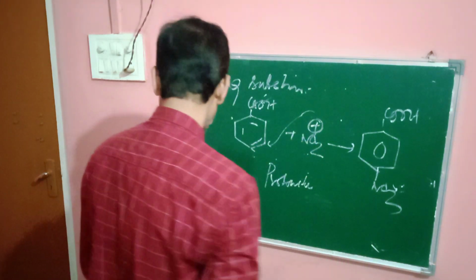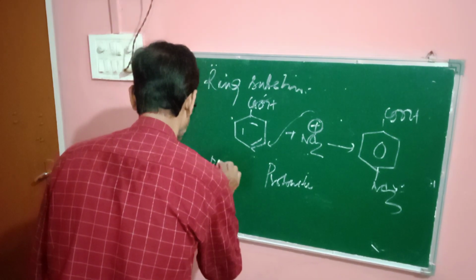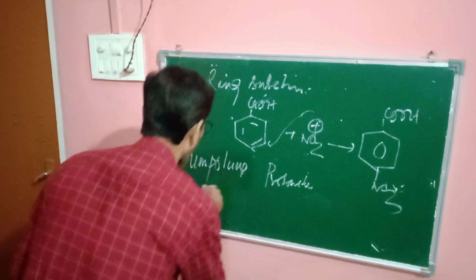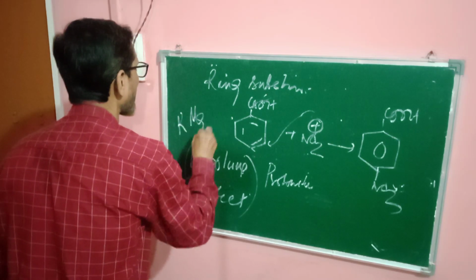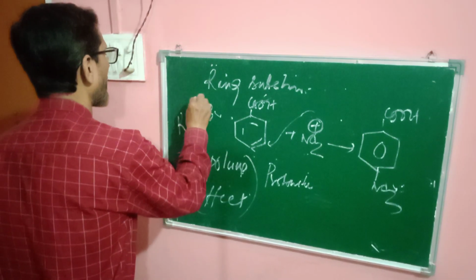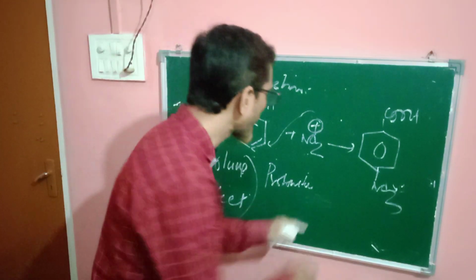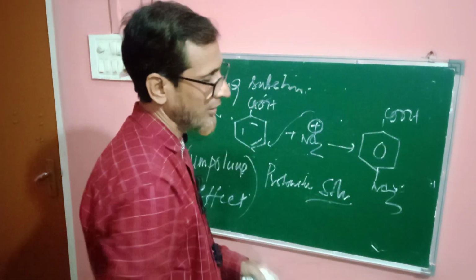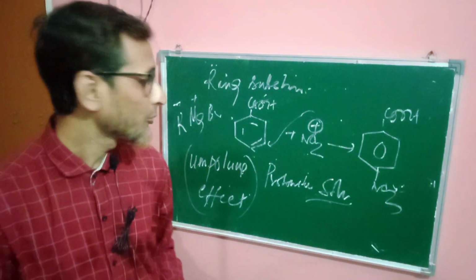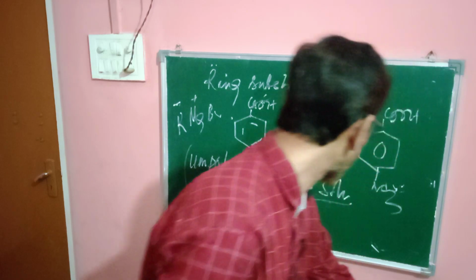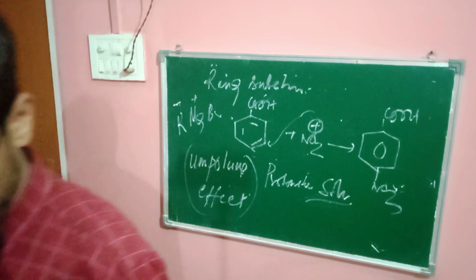Today I told about the umpolung effect in Grignard reagent, the reversal of polarity. Next class I will cover protic solvents, the reaction of carboxylic acid with Grignard reagent, and the reactions of ester with Grignard reagents. A lot of questions come in entrance exams and also in the state exams. I am winding up today's lecture at this position.